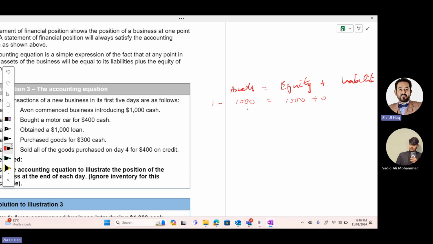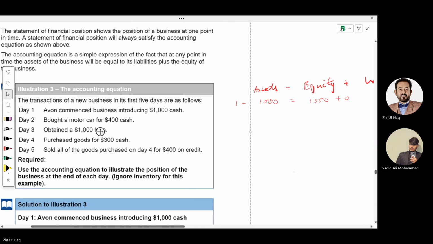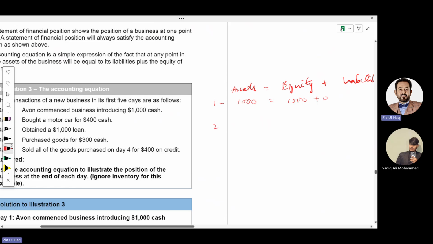So 1,000 is equal to 1,000. Number 2, bought a motor car for 400 cash. Asset coming in, asset going out. So 1,000 plus 400 minus 400 cash is equal to equity 1,000 plus 0. So it will become 1,000 is equal to 1,000.